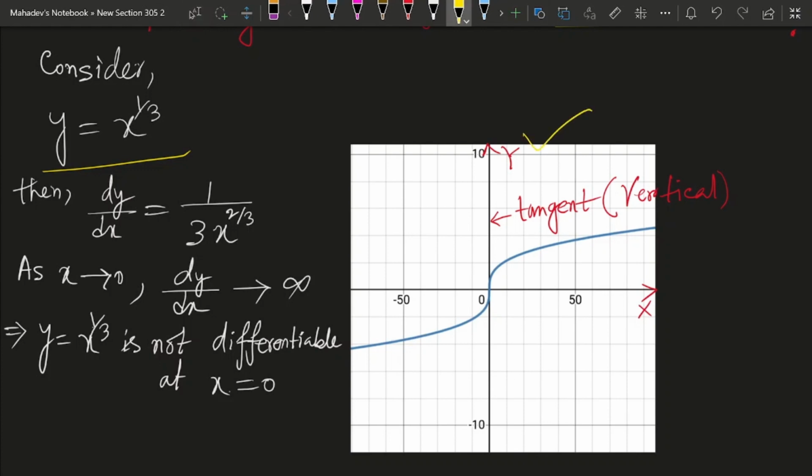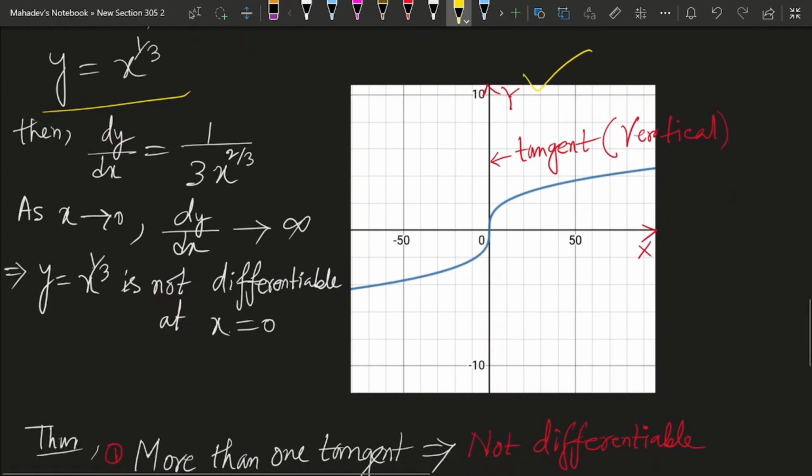This is the graph of y equals x to the power 1 upon 3. At the origin, the y-axis is the tangent. This is the only tangent at the origin, and it is vertical. The y-axis is a vertical line. So you find a unique tangent at the origin.